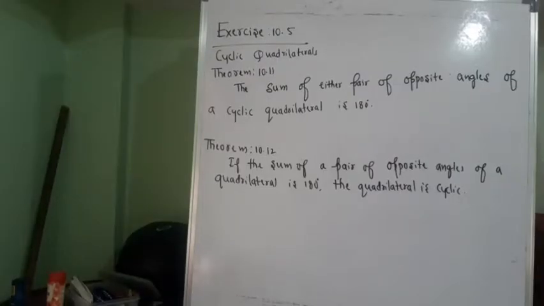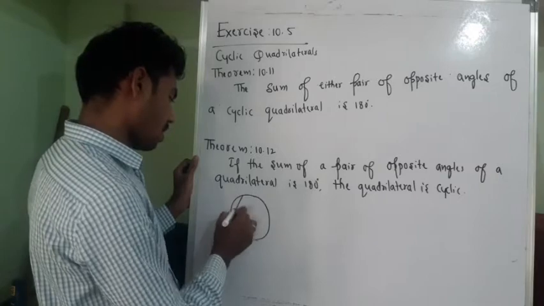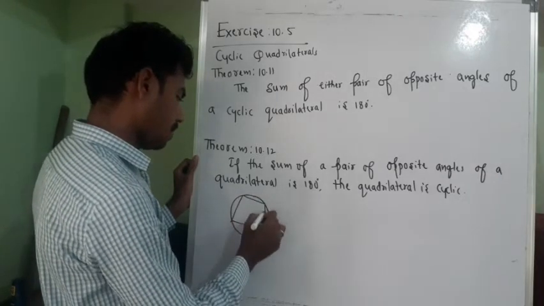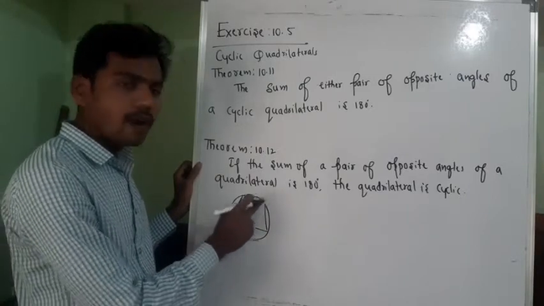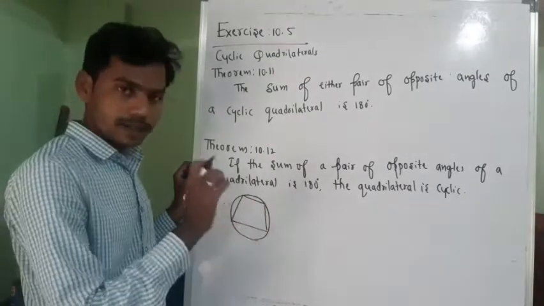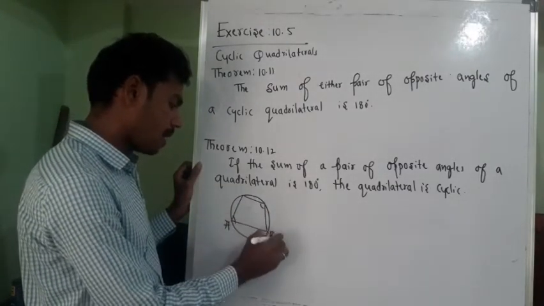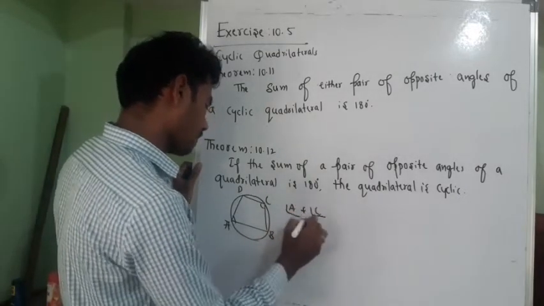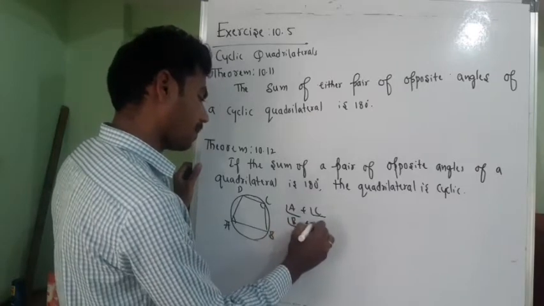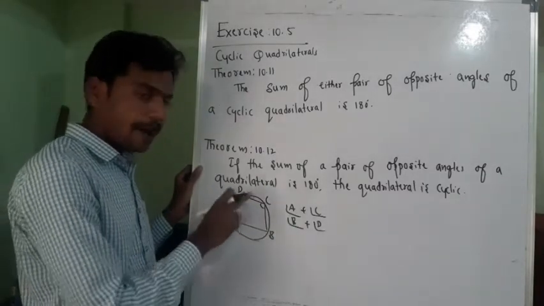So next, do one thing. Draw a circle and try to draw quadrilaterals such that all the vertices of a quadrilateral lie on the circle, and try to measure the opposite angles A, B, C, D. Try to measure A plus C, B plus D, and draw different quadrilaterals such that all the points lie on the circle.